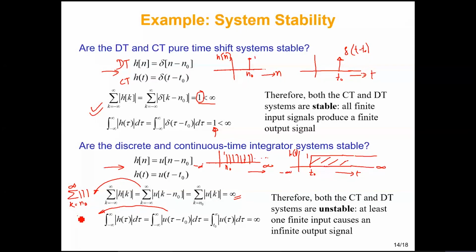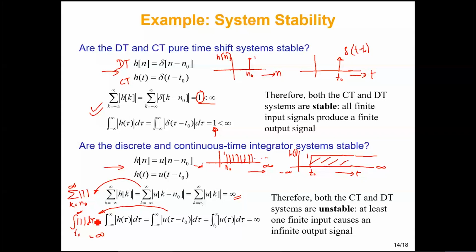So the limits will become from t naught all the way to infinity, and it remains 1 within that range. And this is basically integrating this, and this is going to give you a value equal to infinity. So the area under this graph is going to give you infinity. So both of these are unstable, both of these are stable.